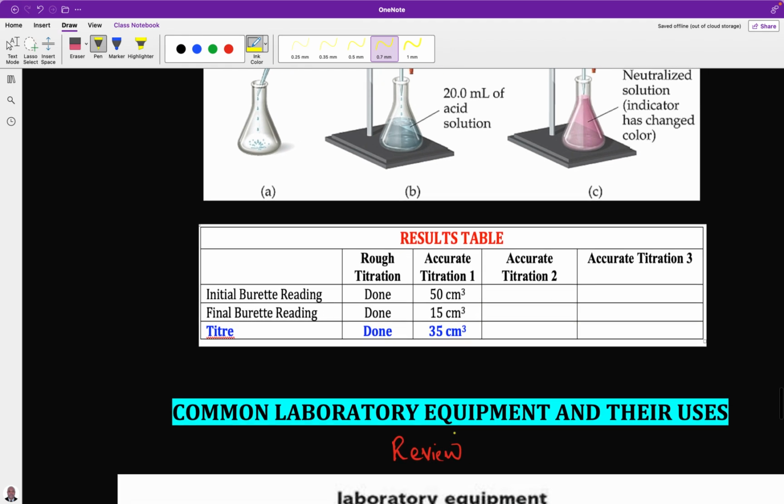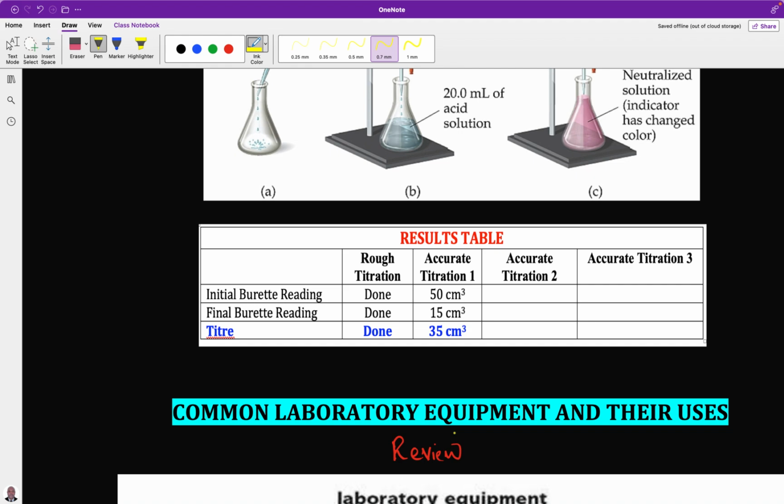Now, we want to make a review of the common laboratory equipment and their uses. This is very, very important because, learners, you could be given in your alternative to practical, the examiner can describe a particular investigation and ask you to list the apparatus that are used for that measurement.